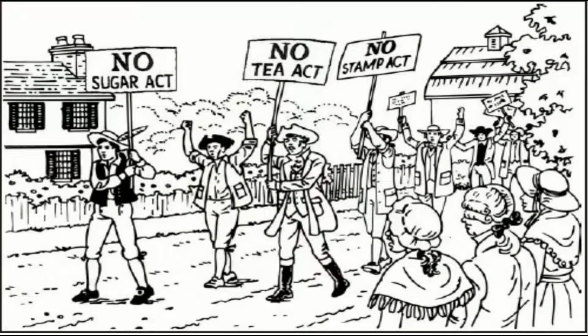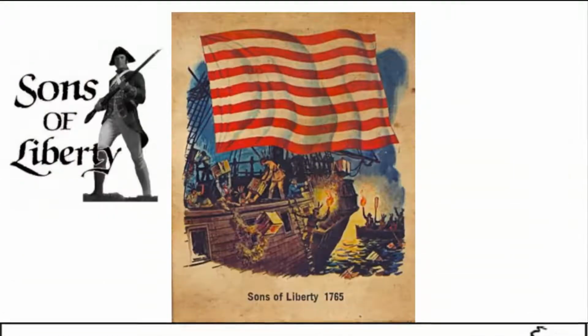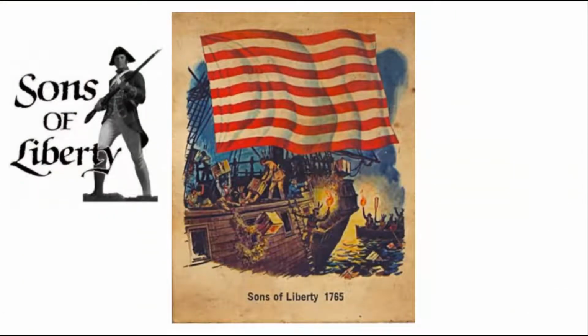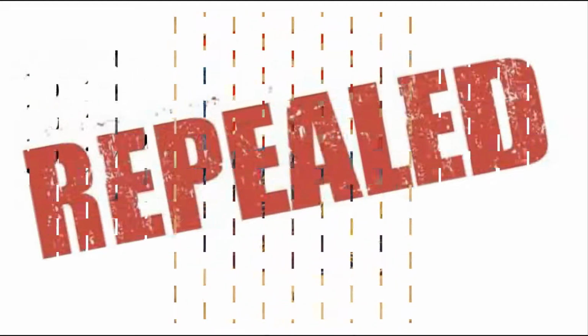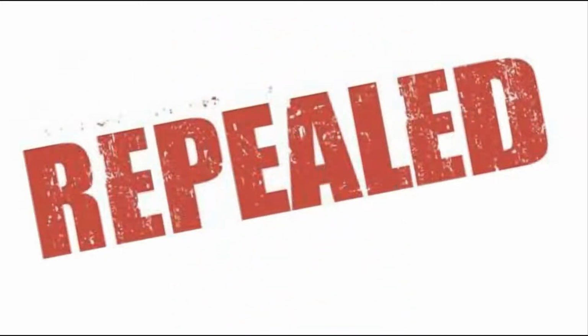This upset the colonists because no one was in Parliament representing them. It was taxation without representation. Some colonists even joined the Sons of Liberty in response to the Stamp Act. Eventually, Parliament repealed, or got rid of, the Stamp Act due to the pressure that the colonists put on them.